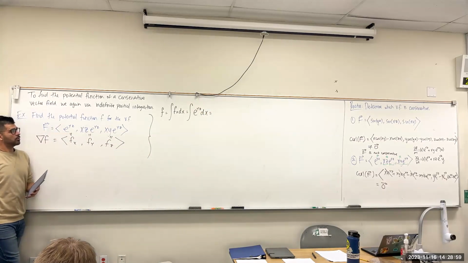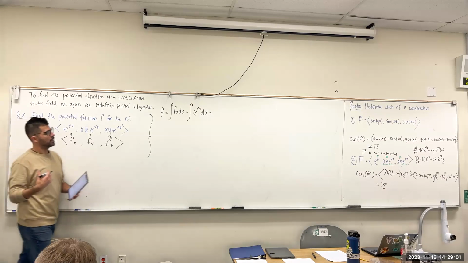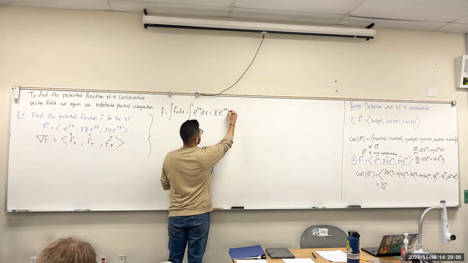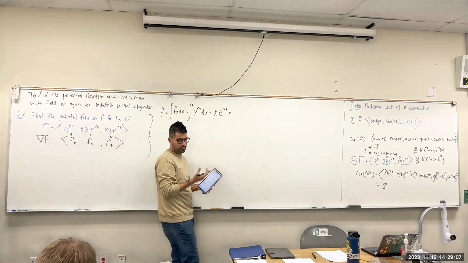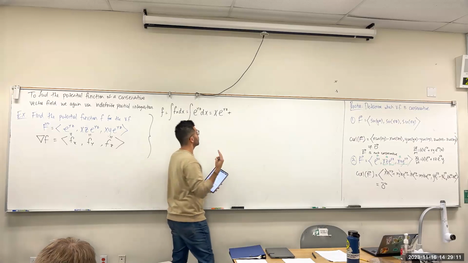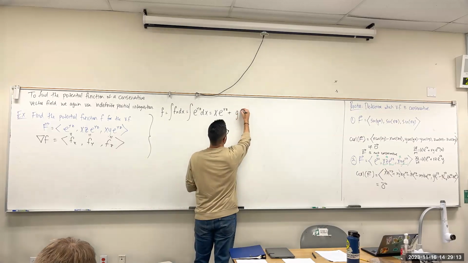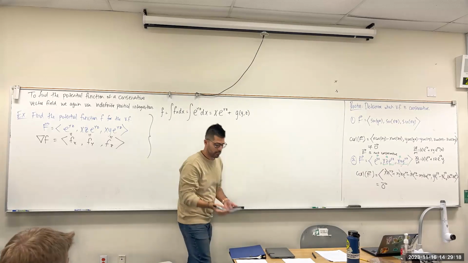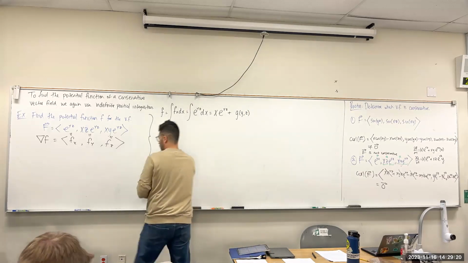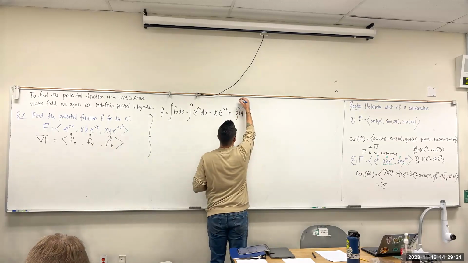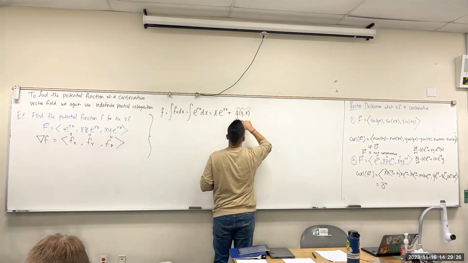When you integrate with respect to x, you get x e to the yz, plus a constant, right? But now you have 2 variables. So what the constants are y and z. So we're going to write some function in terms of y and z. So instead of just 1 variable, this time it's 2. So this is a constant.